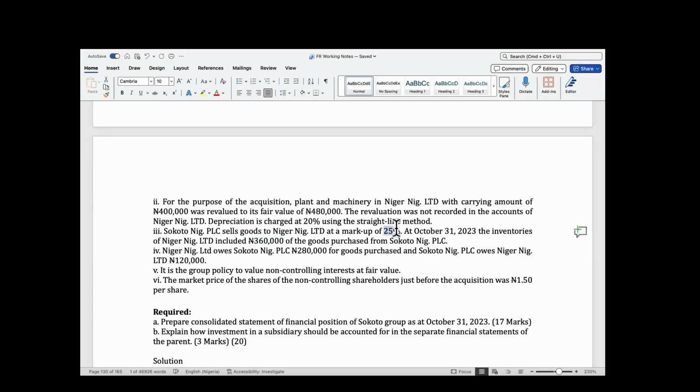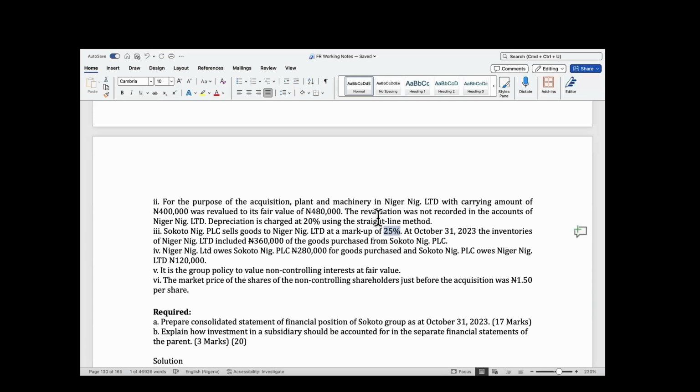Now, since this is markup, we cannot apply 25% of 360,000. We cannot apply markup on selling price because this is the selling price of that goods. This already includes profit loading. So if you are doing 25 over 100 of this markup, that 25% is markup.